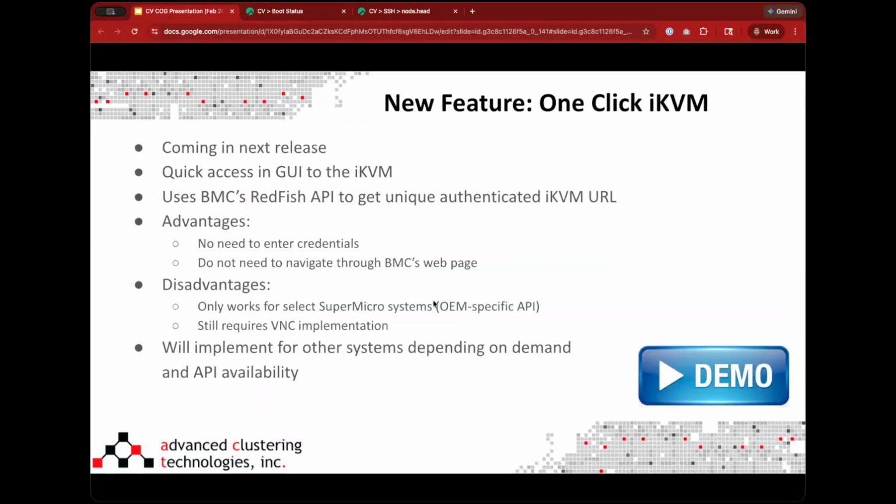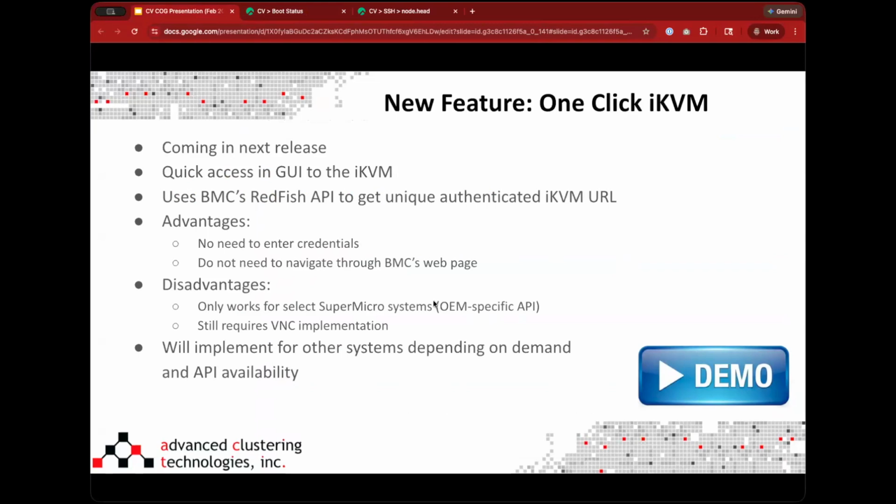So another new feature that we're adding that isn't in this release yet, but it's coming, is our one-click iKVM. It's really a small quality of life enhancement, but we found that one of the most common reasons people ever need to get to the BMC web GUI on a node is to pull up the iKVM.